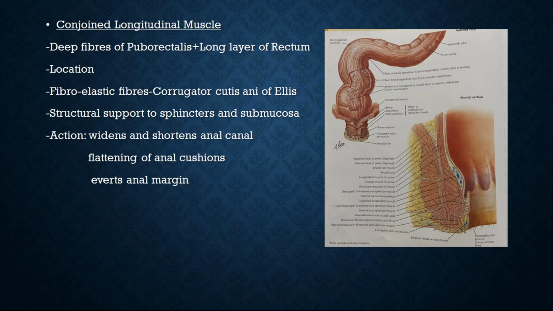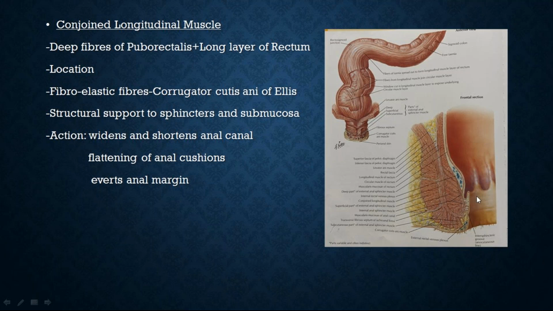So conjoined longitudinal muscle means nothing but the longitudinal muscle which is coming from the rectum, the outer muscle coat, joining with the deep part of the puborectalis fibers, and it forms the conjoined longitudinal muscle. As I have told you, this conjoined longitudinal muscle will send multiple fibrous septa which pierce through the external anal sphincter and the internal anal sphincter.